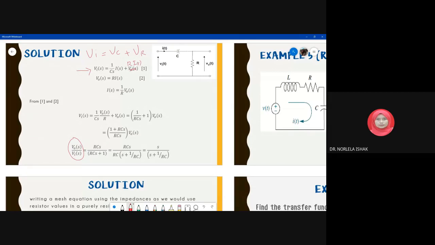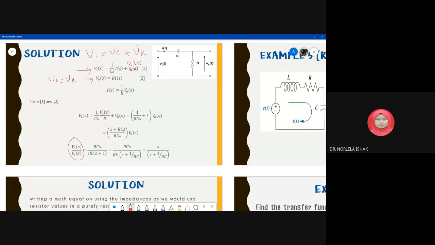But your VR equals V naught, the output voltage equals the resistor voltage, so we derive equation 2.